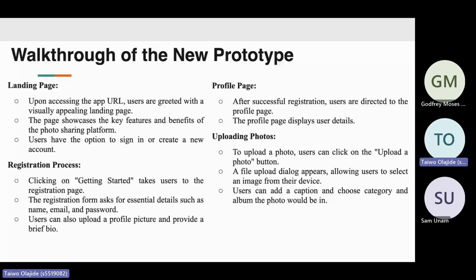On visiting the landing page, there's a button that says Get Started that helps us view how the registration is supposed to be. On the registration page, we now have the recommendations implemented on our prototype, where we have the confirm password, the password visibility, and the required field as outlined on our prototype. This is also a walkthrough if you want to see the profile page for a user.